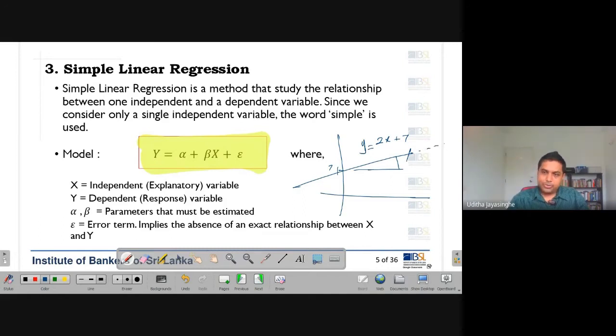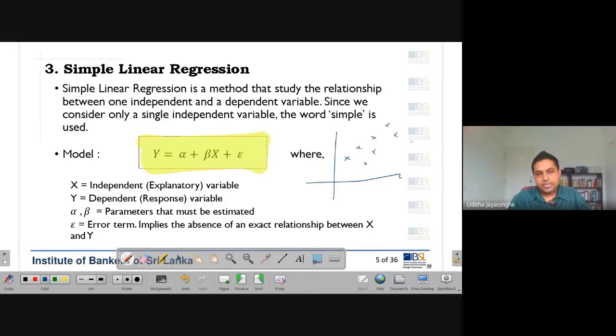But in the real world, students, this is not going to be the case. It's going to be bombarded with different scatter points. If you plot it, the data points are going to look like this. So you can't draw a straight line, neither a curvy line, nor any further mathematical relationship.